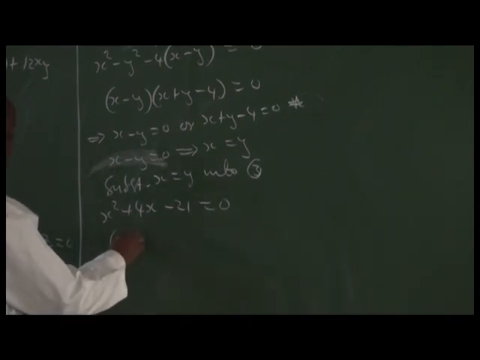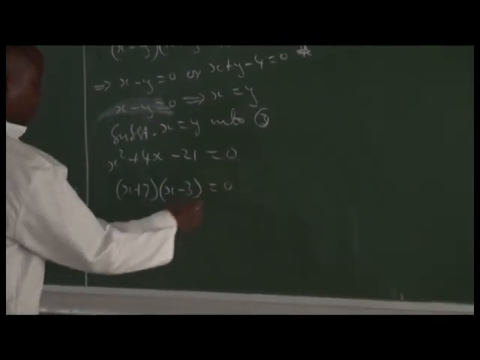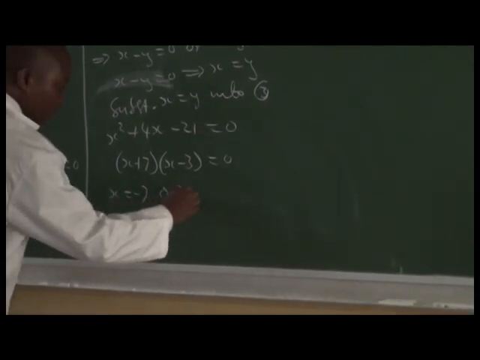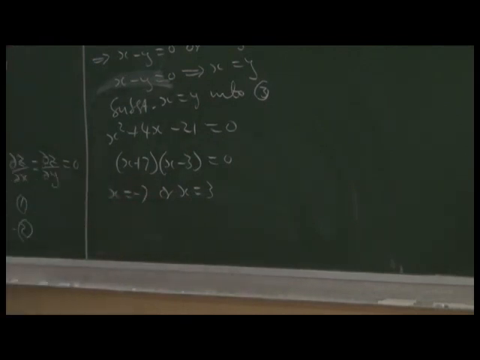So x plus 7 times x minus 3 equals 0, meaning x equals minus 7 or x equals 3. When x equals minus 7, y equals minus 7. When x equals 3, y equals 3.